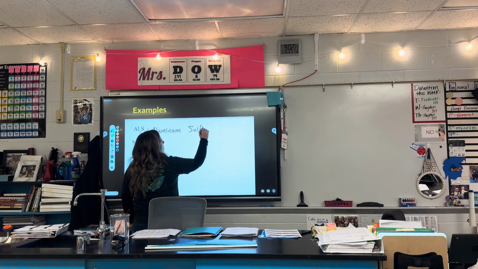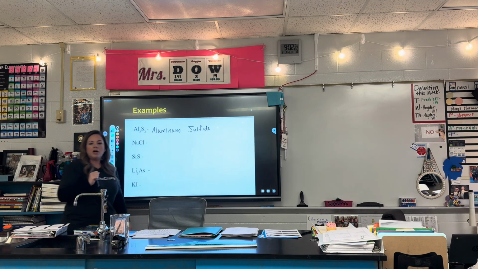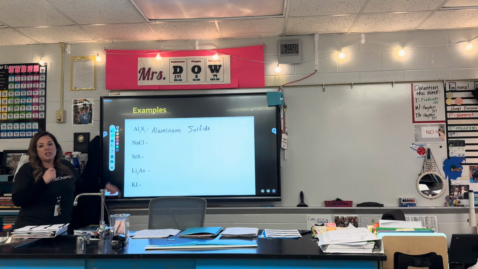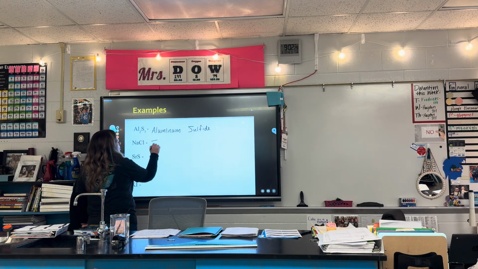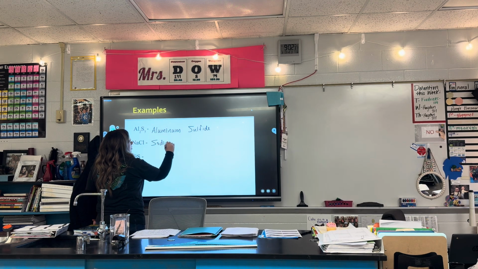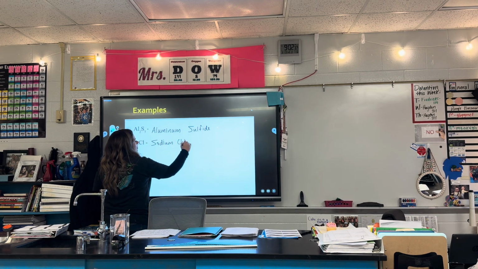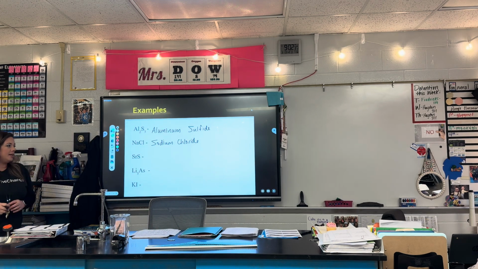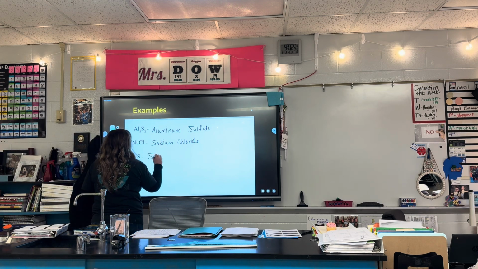Aluminum sulfide. Jacori, we already did NaCl, we know that's sodium chloride. So Jacori, what would SrS be? Strontium sulfide. Yep, strontium sulfide.